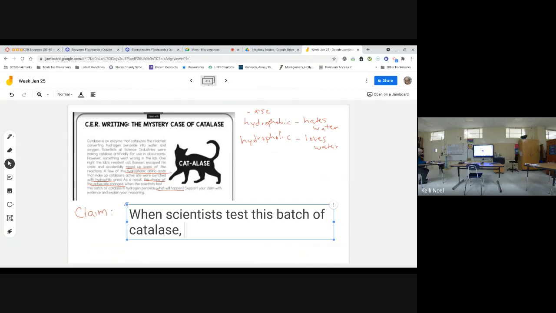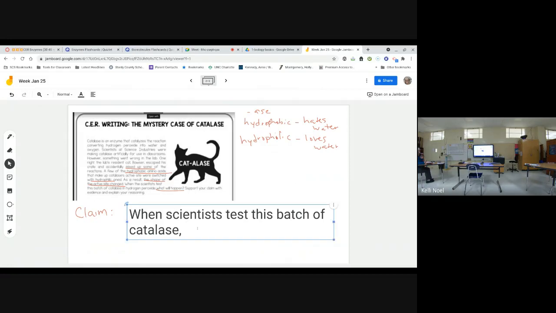Of catalase. All right, we know that because some of the enzyme was messed up, it is not going to catalyze all of the hydrogen peroxide, correct? So I'm going to look back up here, and it says catalyzes the reaction converting hydrogen peroxide into water and oxygen. So if the enzymes all worked, you would end up with all water and oxygen.